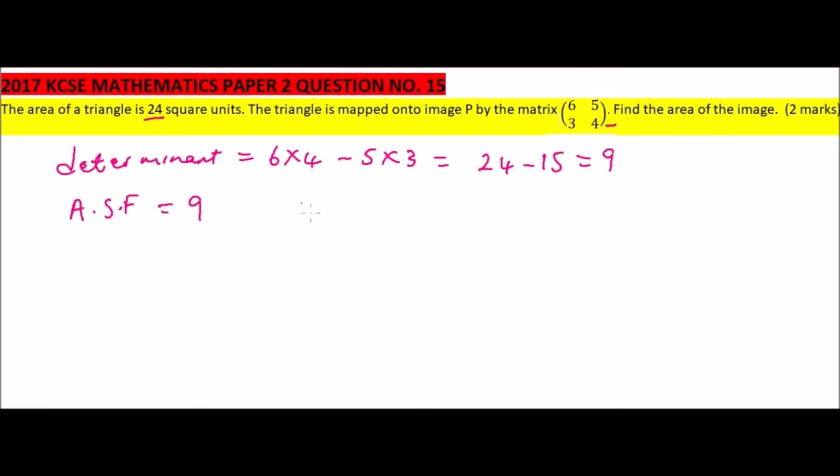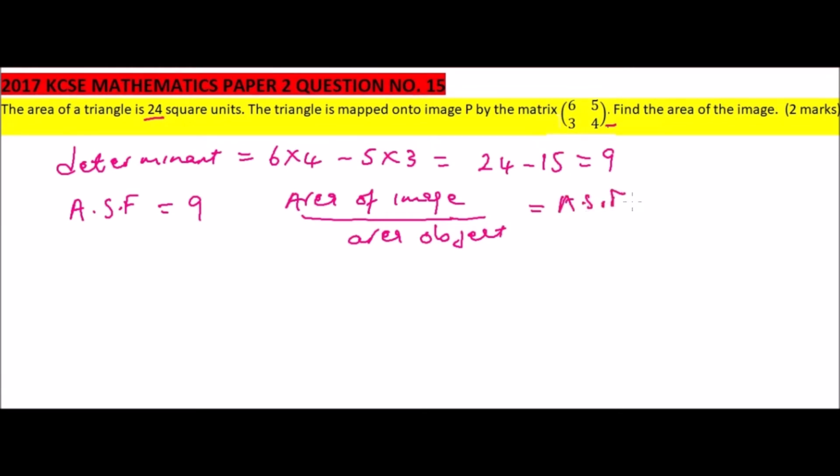So what we know, area of image over area of object is equal to the area scale factor. So it means, if the area of the image, we can say area of the image divided by 24, the area of the object, is equal to 9.